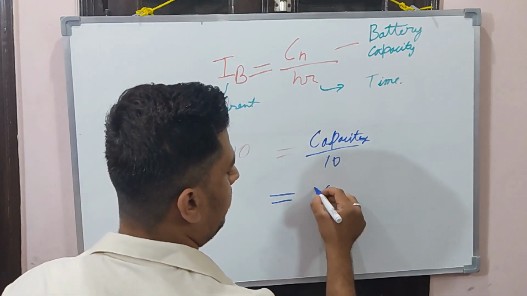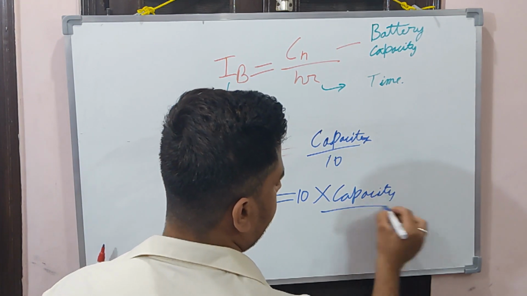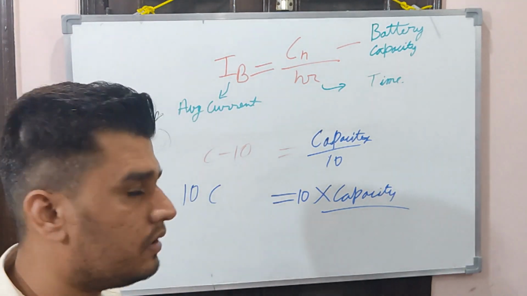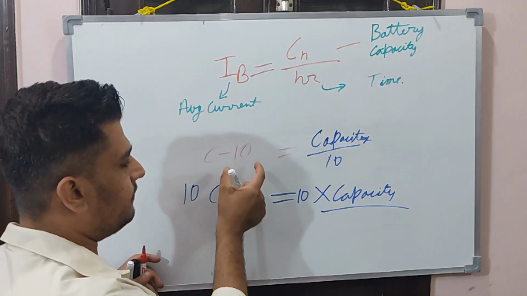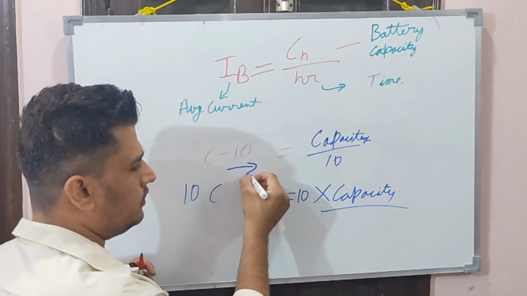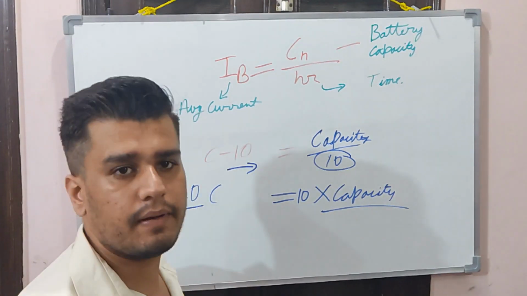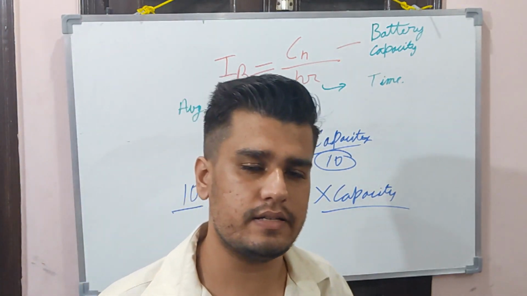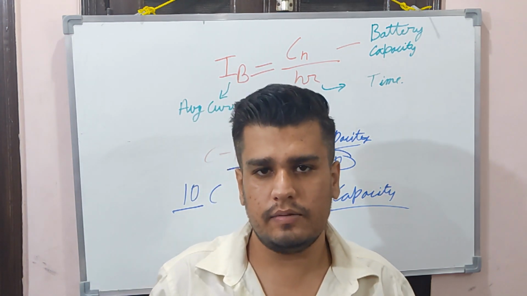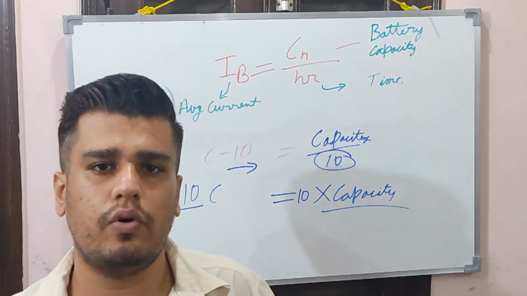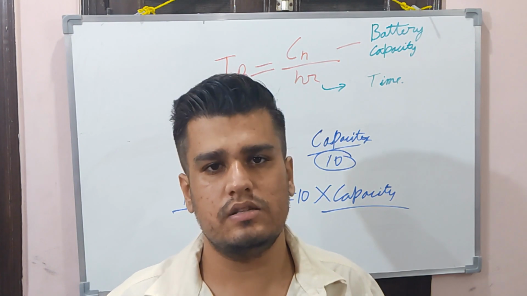Then you multiply the capacity with 10. Please note this: if the digit is on the right side, you divide; if the digit is on the left side, you multiply. So now you can calculate the specific battery you want for your home or for any industrial purpose if you are consulting the C rate.